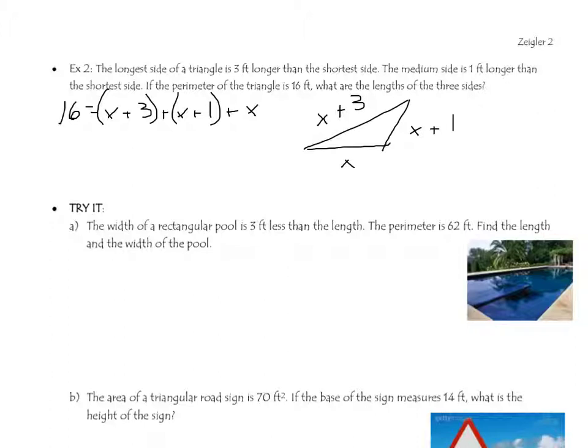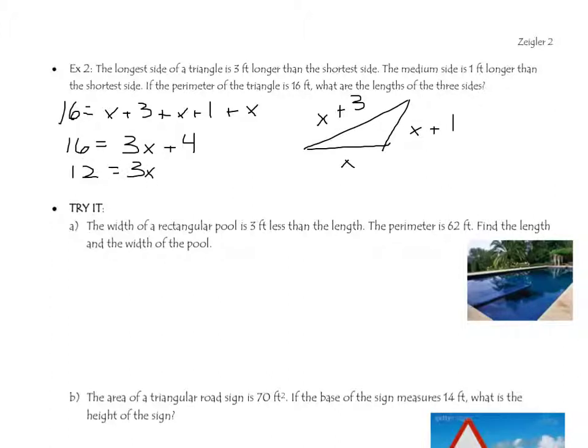So I'm going to undo the parentheses. Okay, so now we combine our like terms, and we have 3x's, and then we have 3 plus 1 is 4. Now we subtract 4 from both sides, and that gives us 12 on the left and 3x on the right.